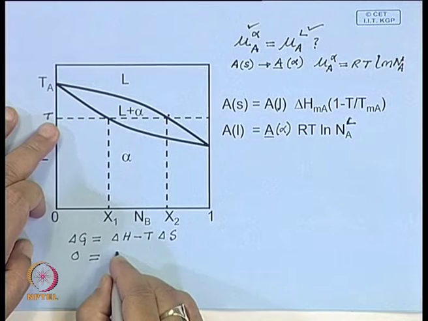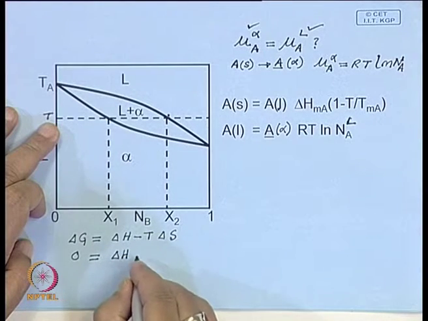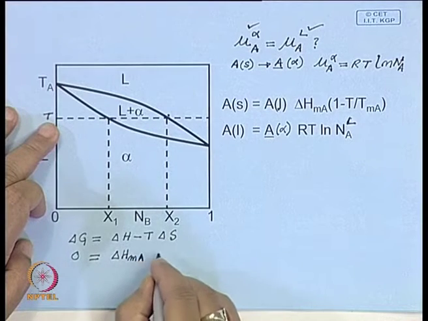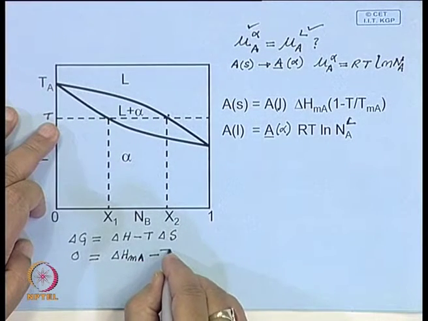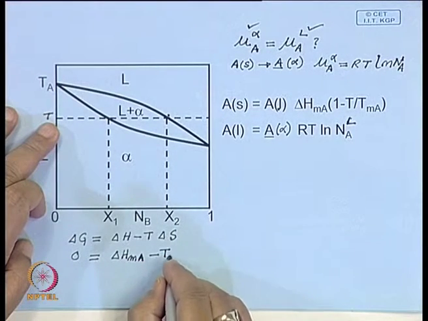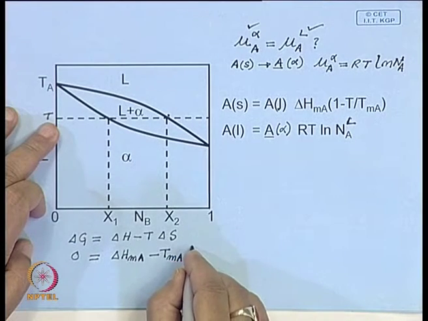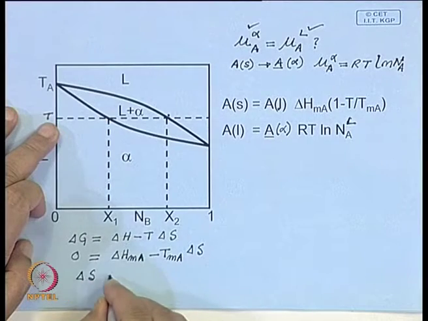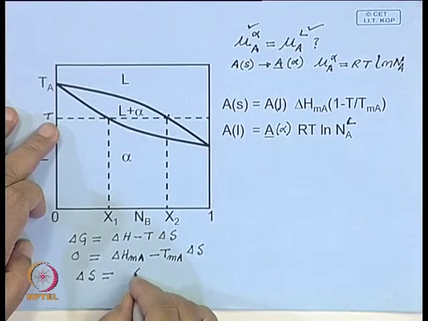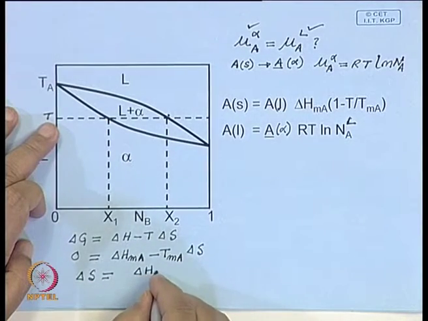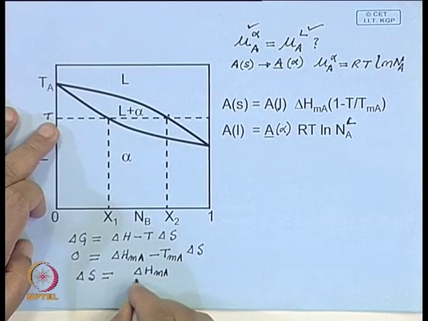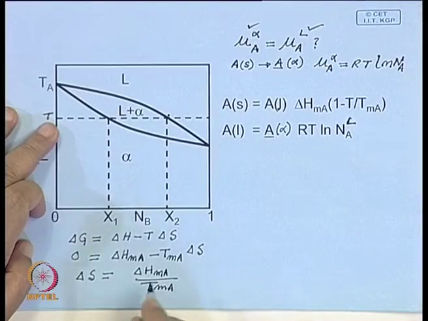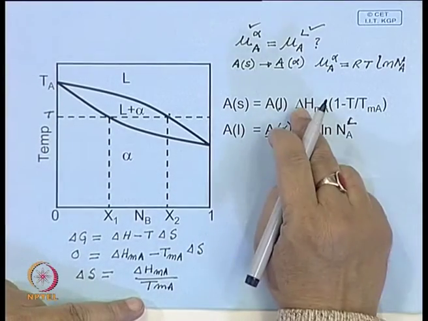Let us say delta H is the enthalpy of melting of A, minus the melting point of A times delta S. So you can calculate that delta S equals delta H m A over T m A. This is what you substitute here.